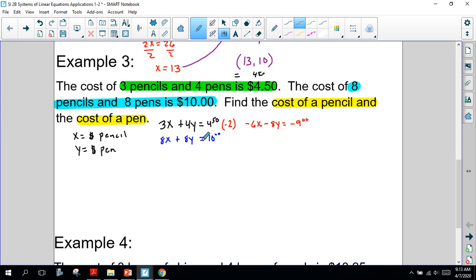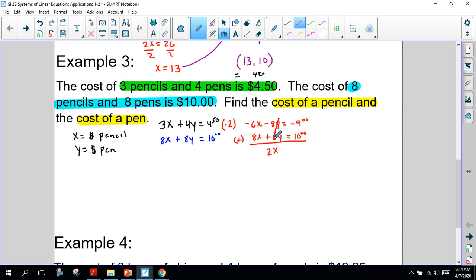The other equation I'm not going to multiply by anything, because as I bring it over here, the y's have the same number in front, which is what I was trying to do with my multiplication. Now I can add these two equations together, and the x's combine to give me 2x.